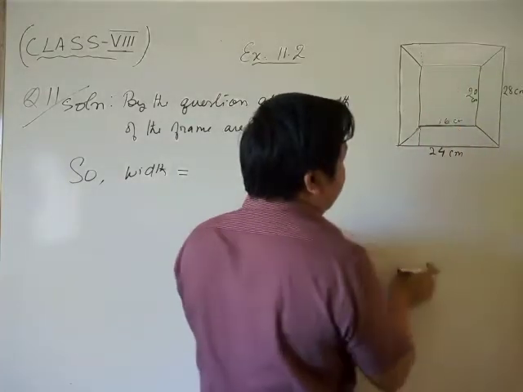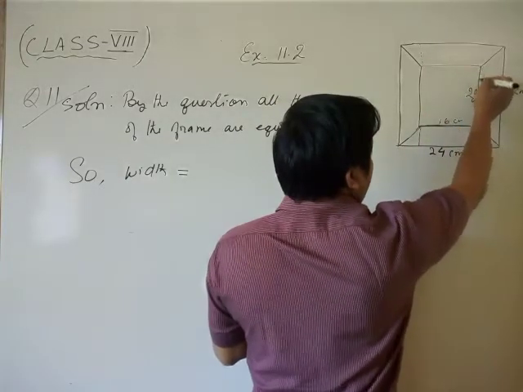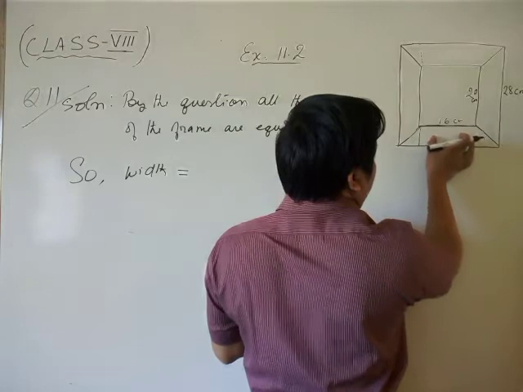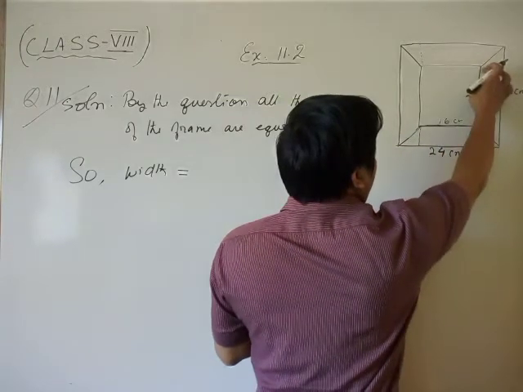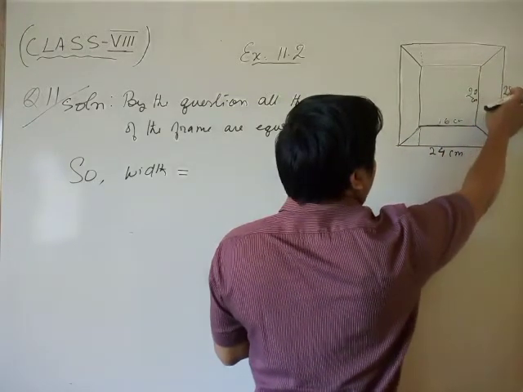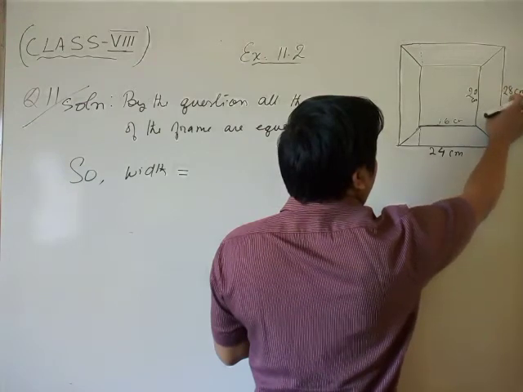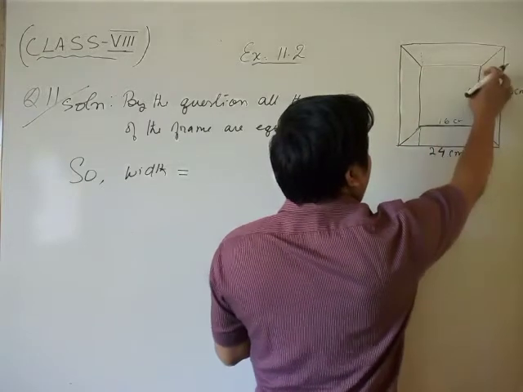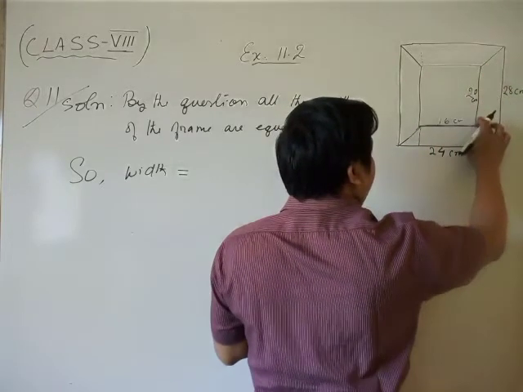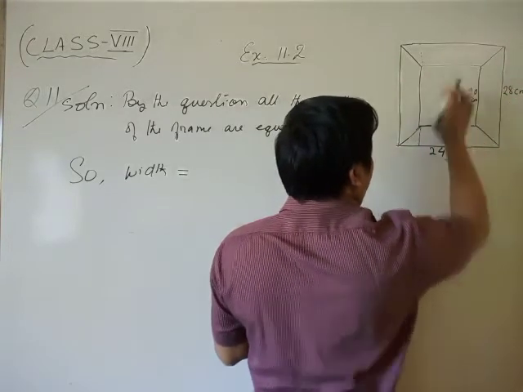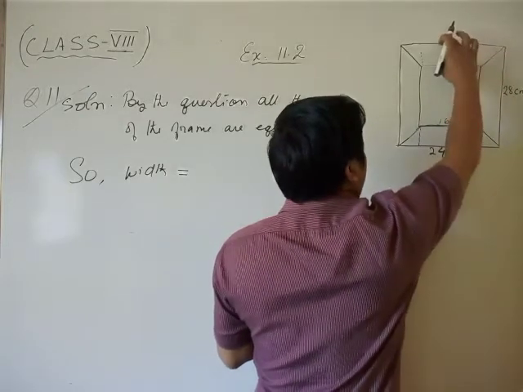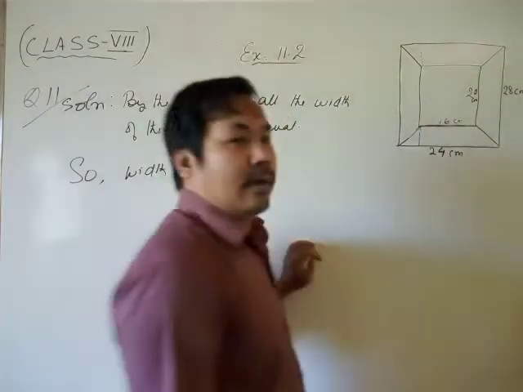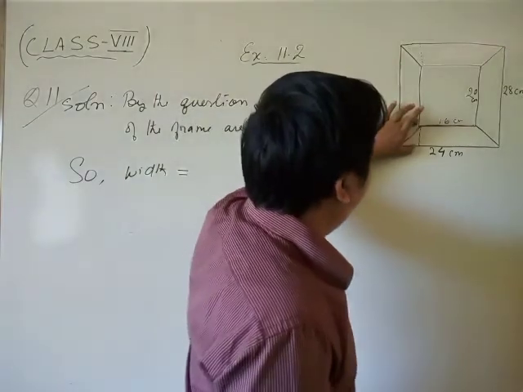Just see inside to find out the width here. If you minus 20 from 28 and divide by 2, you have to minus this part from here and divide by 2, you will get how much the gaps are. Because the gap here will equal this gap.